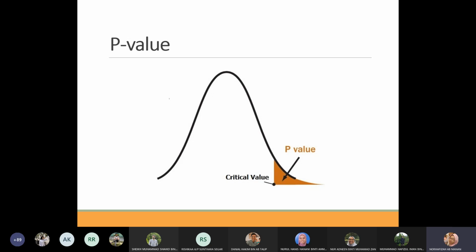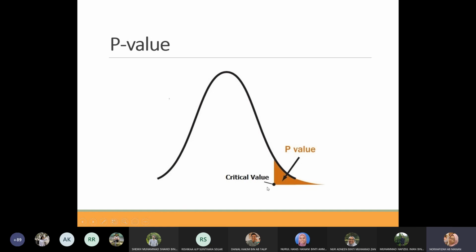As I said, we have two approaches here: the p-value or the classical method. For the p-value approach, the significance level is always 5% or 1%. The critical value refers to the classical method, where there are some values you have to find in the table.